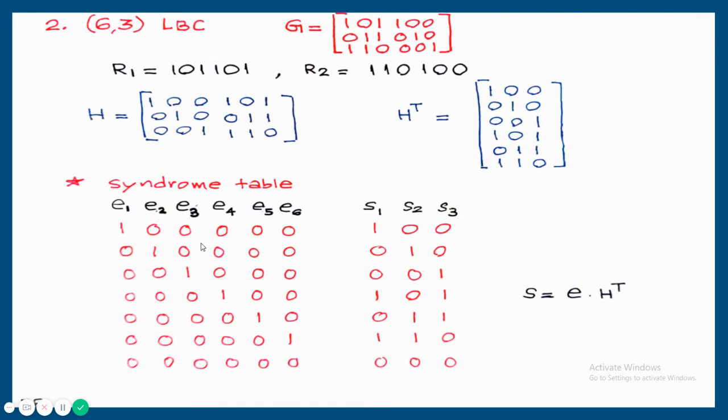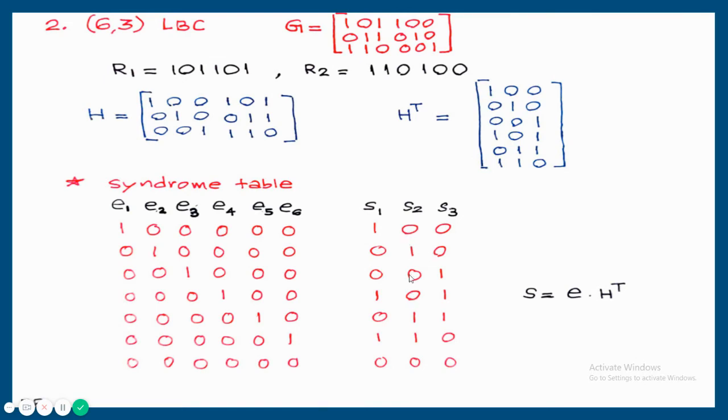For each error pattern, like the previous example, the corresponding syndrome can be determined by multiplying with the H transpose. First error pattern multiplied with H transpose. Here the first bit is 1, so the first row will be the answer, 100. That is written here, 100. For the second error pattern, the second bit is 1, so here the second row will be the answer, 010.